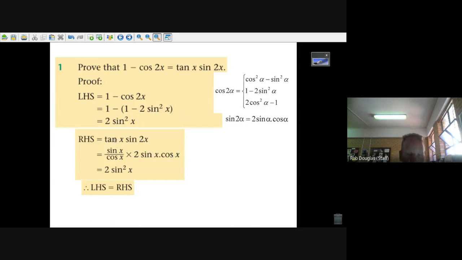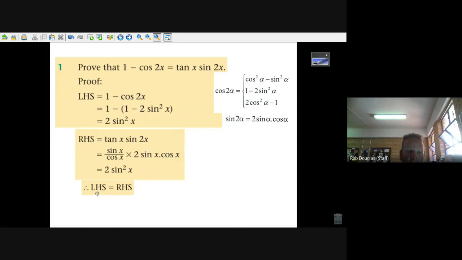I could write up the tan x as sine over cos x. And now it's a matter of understanding fractions. If I'm multiplying by cos x, and this means I'm dividing by cos x, you have to see that that cos x is going to cancel. And sine x times sine x is going to be sine squared x. Well, we've just made the left-hand side and the right-hand side equal to each other.